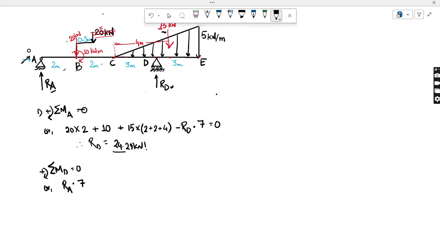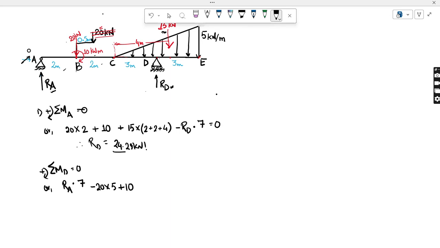And this 20 kilonewton will produce an anti-clockwise moment, so minus 20 into the distance, which will be 5. Similarly, that 10 kilonewton meter couple at point B is clockwise, so just add here 10.